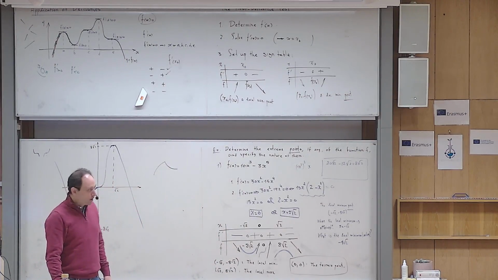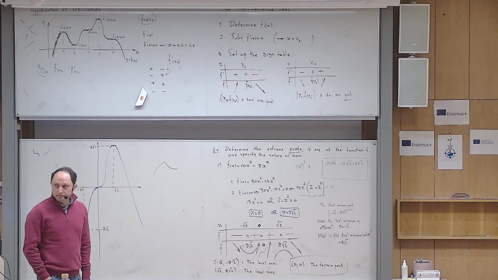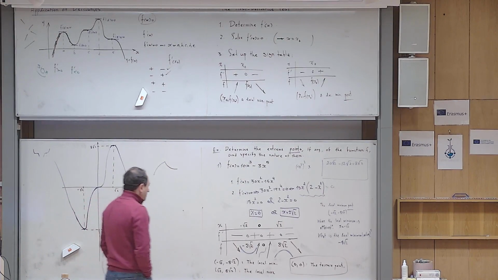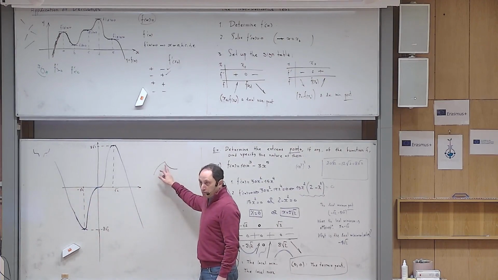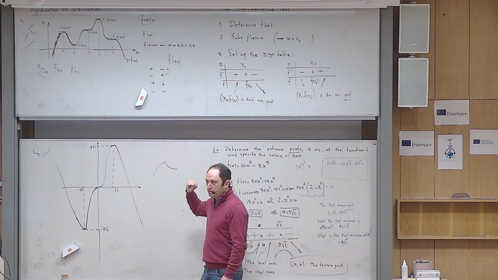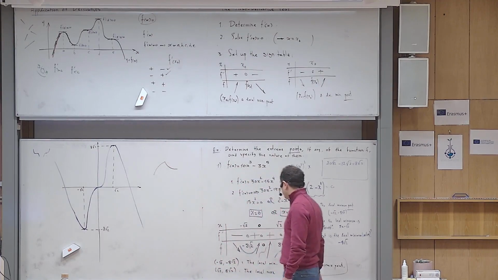So yes, sharp points are not categorized here. It needs to be differentiable for you to talk about it. But a maximum point might be this one. Even though this is not differentiable, it is sensible to talk about local maximum points. But it is not sensible to talk about the terrace point.